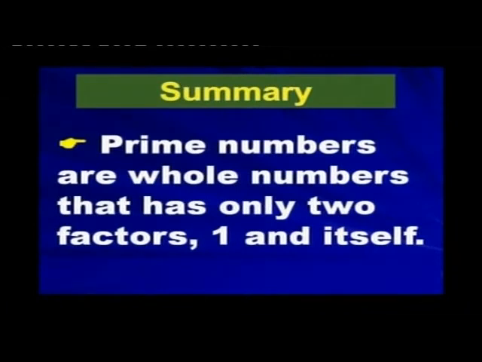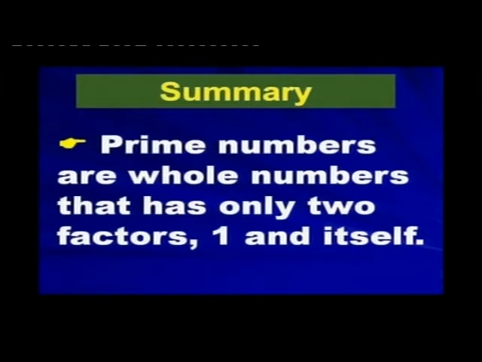A prime number is all the numbers which have two factors, 1 and itself. Very good. Prime numbers are whole numbers which have only two factors, 1 and itself.